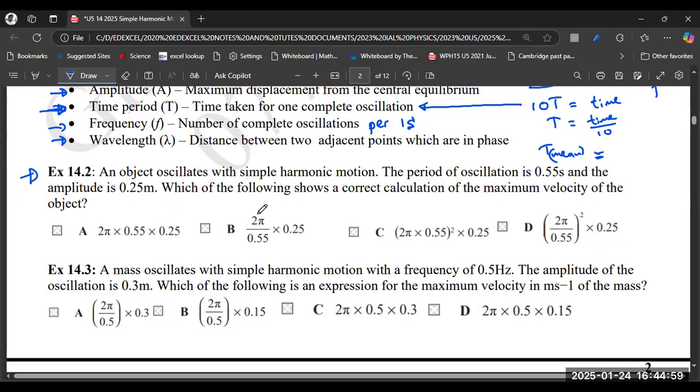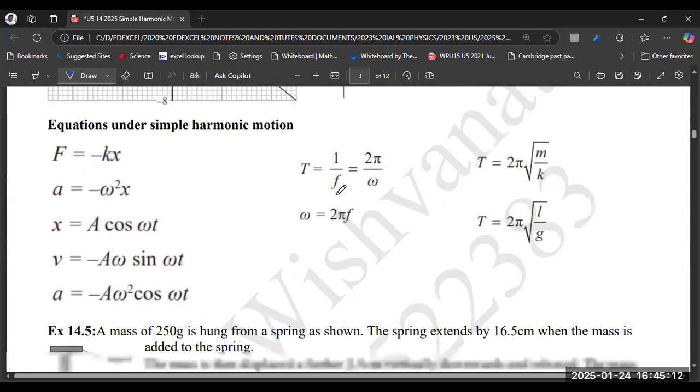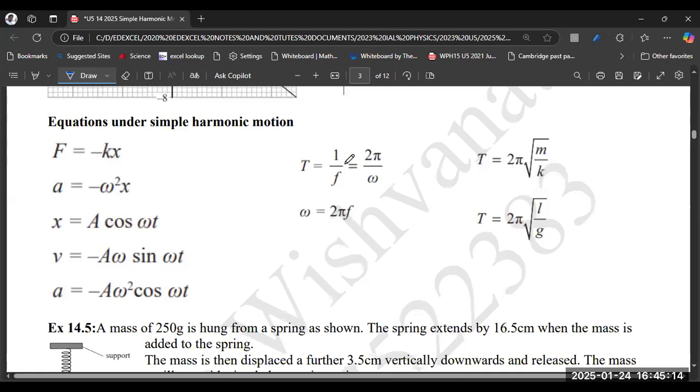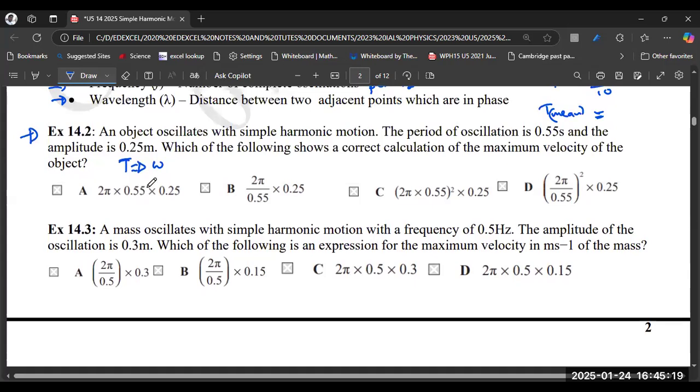So why do they give you the time period? With the time period, you will be able to find omega. What is the relationship between omega and time period? We will come to that later, but for the moment I will give you the equation. Time period is equal to 2 pi over omega. So omega is equal to 2 pi divided by time period.